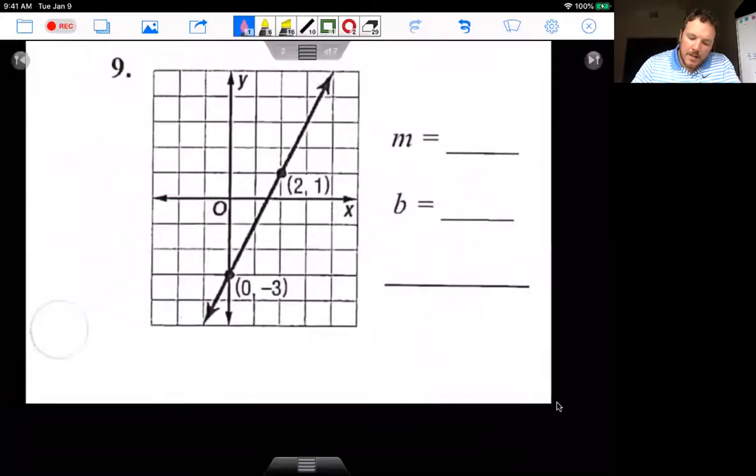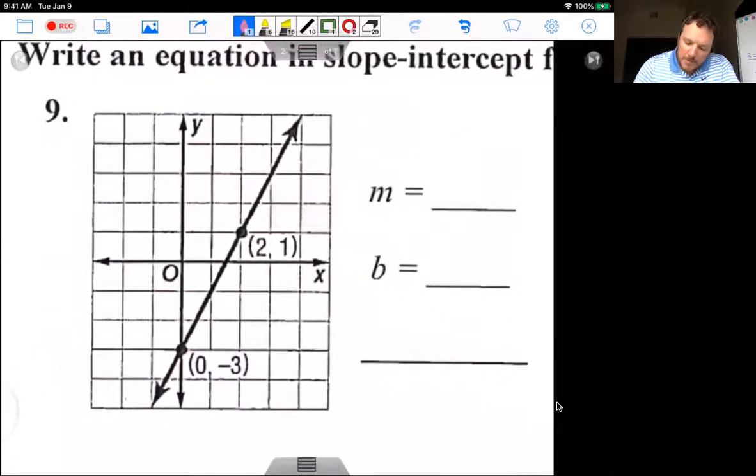All right, number 9. I know I did this in class, but our y-intercept's given at 0, negative 3 right there. So I know b is negative 3. And then for my slope, I'm gonna do rise over run, so I'm gonna do up and down first. So I'm up 4, 1, 2, 3, 4.